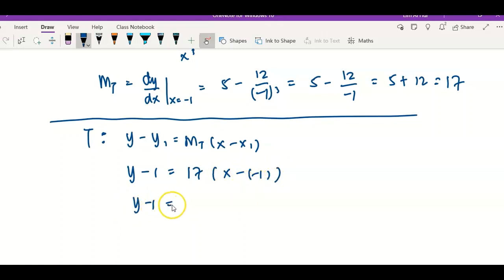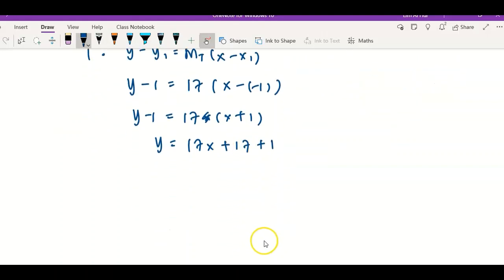Simplify your answer: you have 17 times (x plus 1). Then y equals 17x plus 17 plus 1. And finally, you have y equals 17x plus 18. So this is your equation of the tangent.